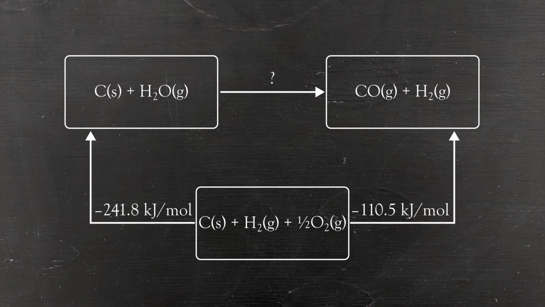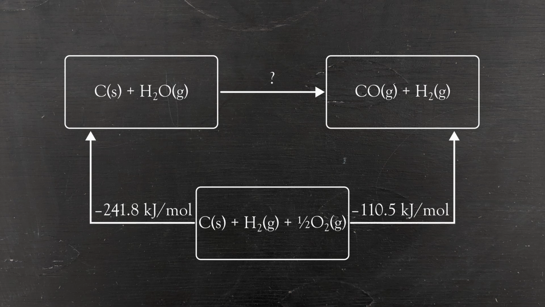So now our H2O gas will produce hydrogen and oxygen, and from there, we can react to form the carbon monoxide. Because we are reversing the direction of one of those reactions, we need to reverse the sign. So the energy required to go from H2O gas to hydrogen and oxygen is going to be 241.8 kilojoules per mole.